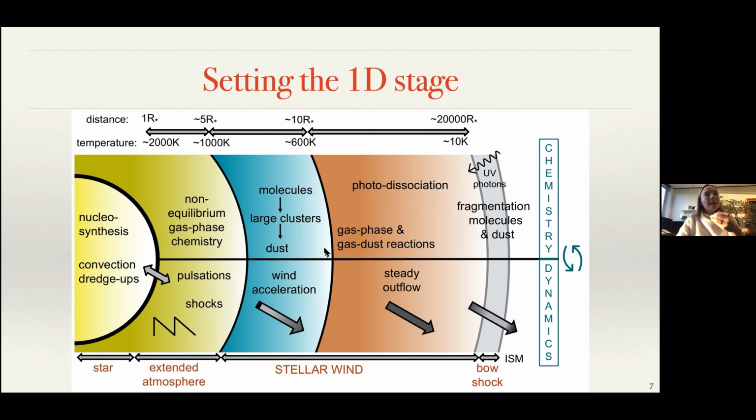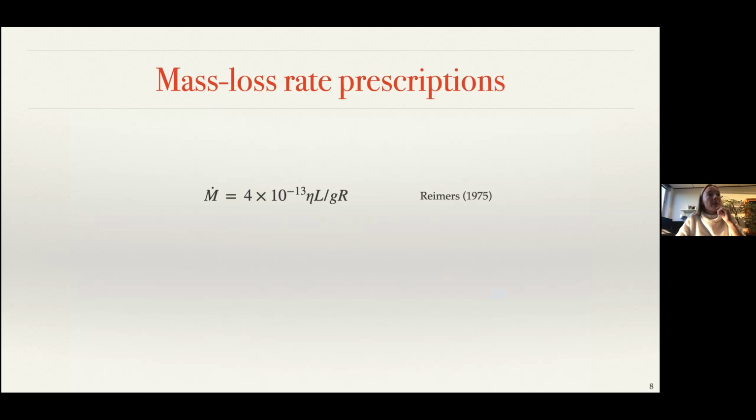So we get here, as of this blue region roughly, the initiation of the stellar winds. Further out, where we have the steady outflow, we also have a lot of other very interesting chemical processes that take place and that continuously create a new assembly of molecules and dust grains. And so we aim to understand this whole picture.